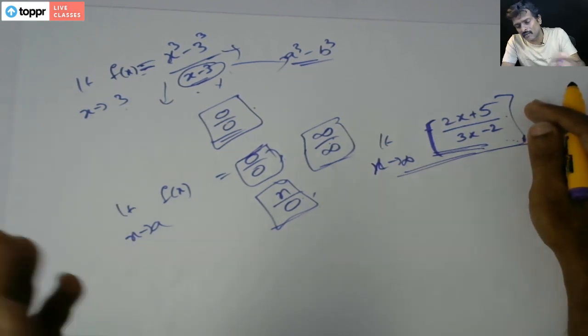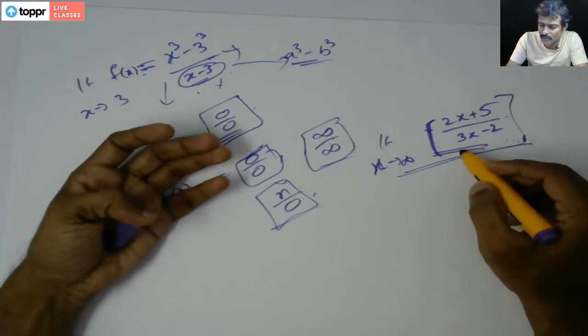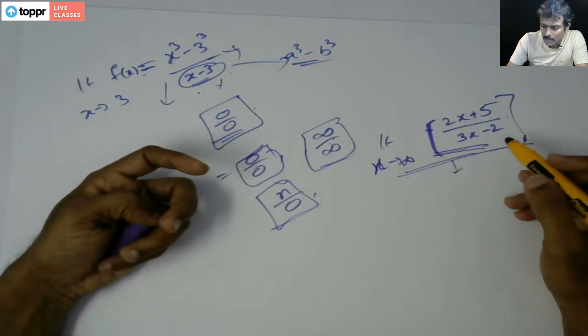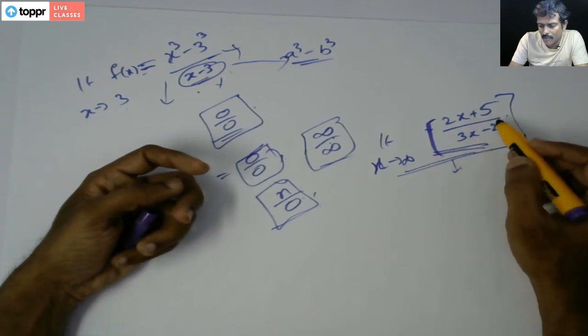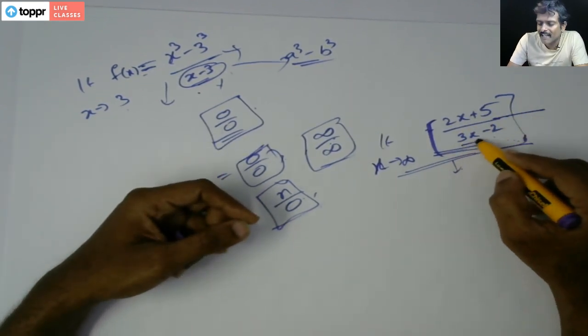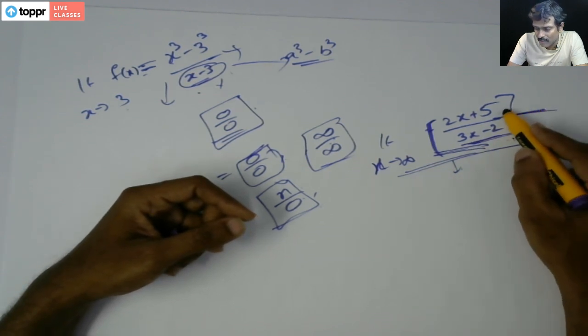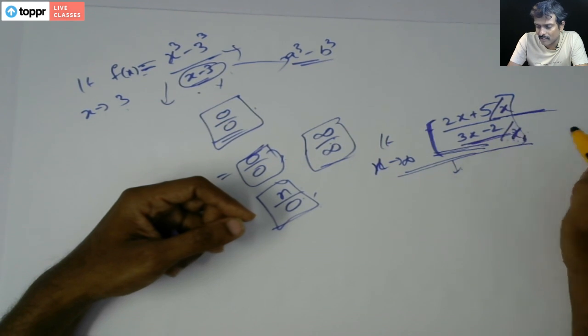Or if we are not completely good at differentiation, this can be done without using L'Hopital's rule, without differentiating numerator and denominator, by simply dividing both numerator and denominator by the highest power of the variable. Here I can divide by x, and here also by x.